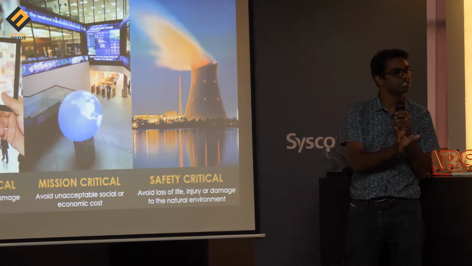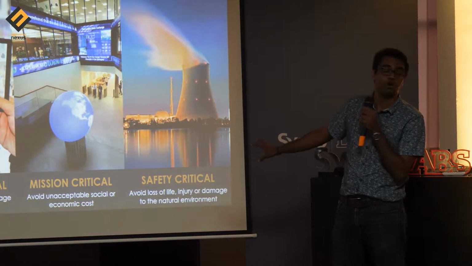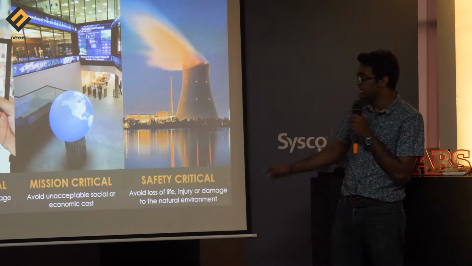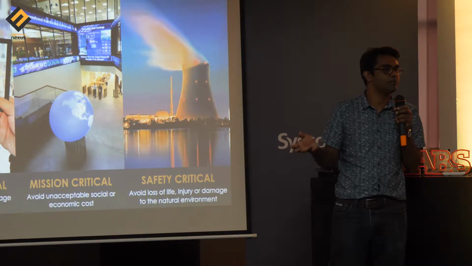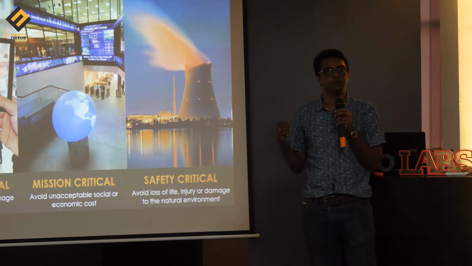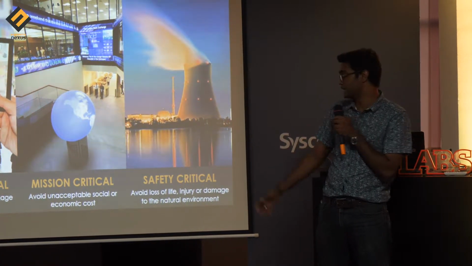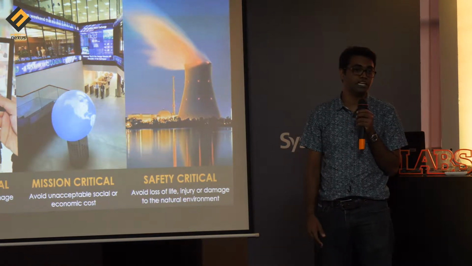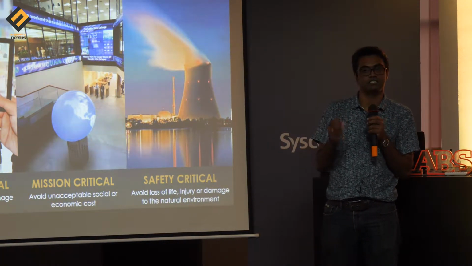But that is not the only cause. For example, there can be business critical systems as well, right? It may not be harming any human, but it can introduce a lot of cost for the business, or you can even get your reputation damaged. That is also not good. So that is also a mission critical system.